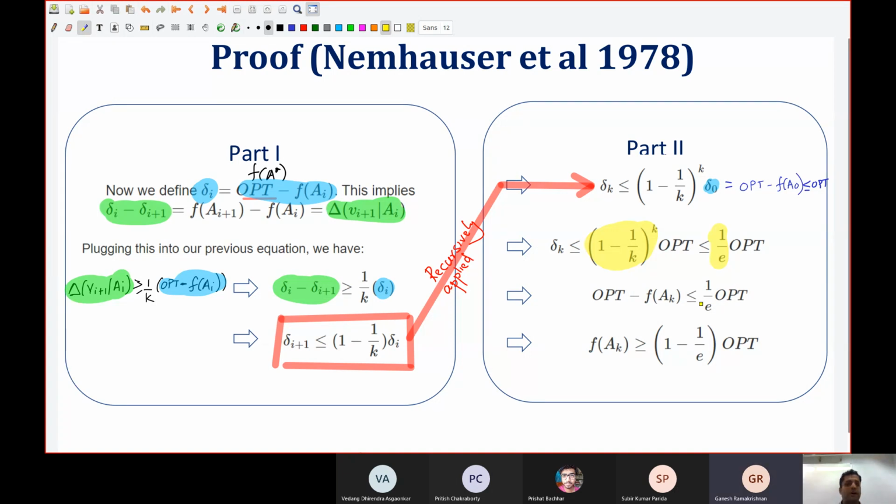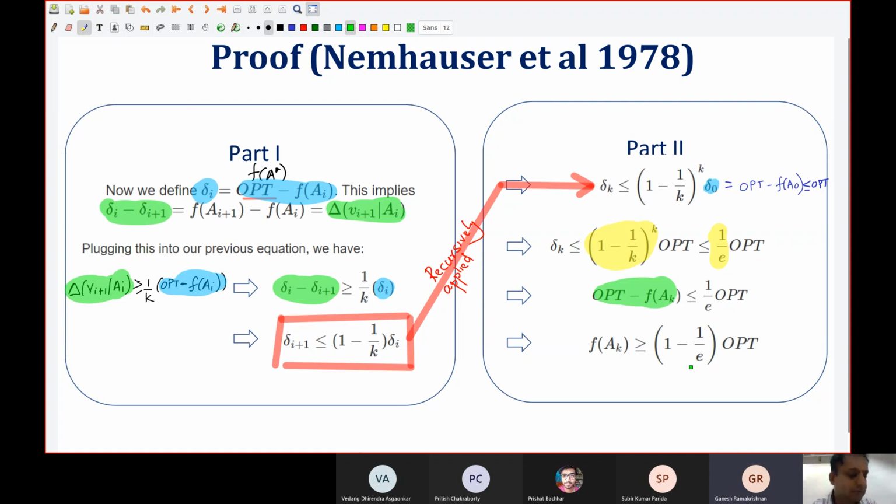Okay, so I think the rest is simple. Delta k is again substituted to be opt minus f of ak. This gives us the final result. F of ak, the function evaluated at the k steps of greedy, will be at least 1 minus 1 over e times the opt. This is okay.